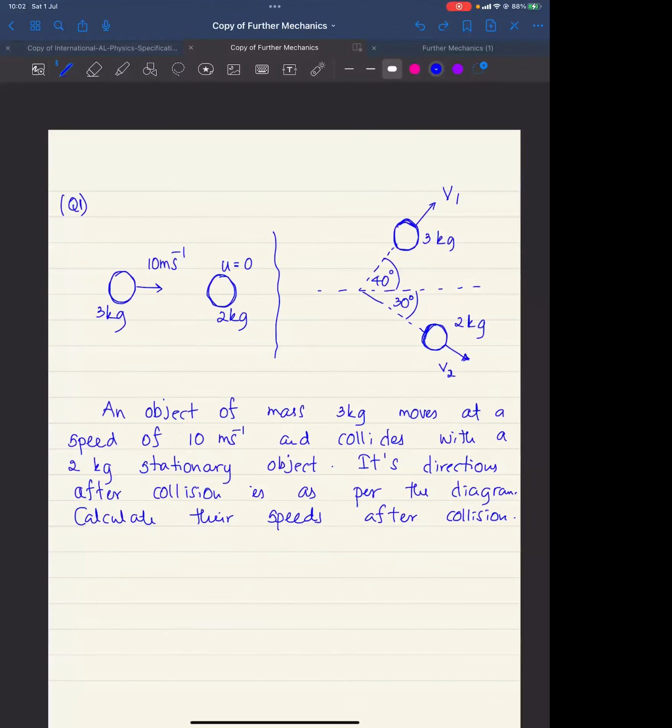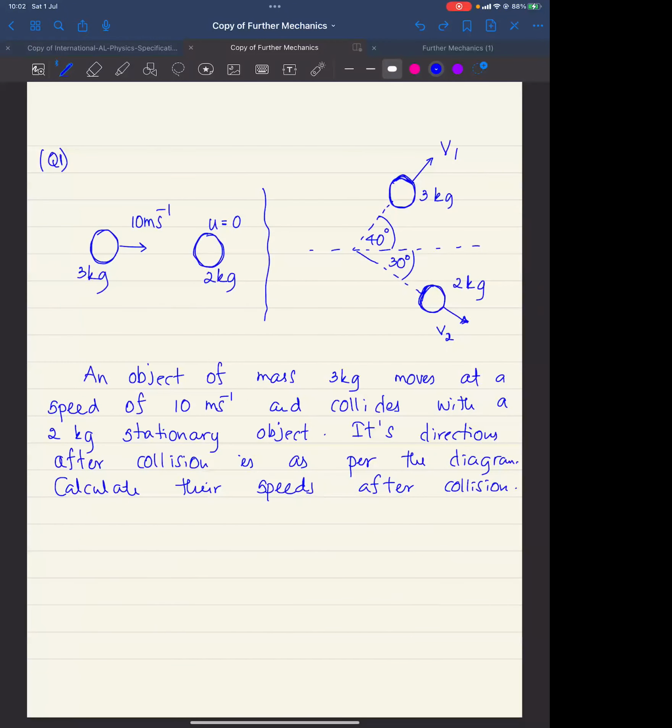Okay, write down the question. An object of mass 3 kilogram moves at a speed of 10 meters per second and collides with a 2 kilogram stationary object.